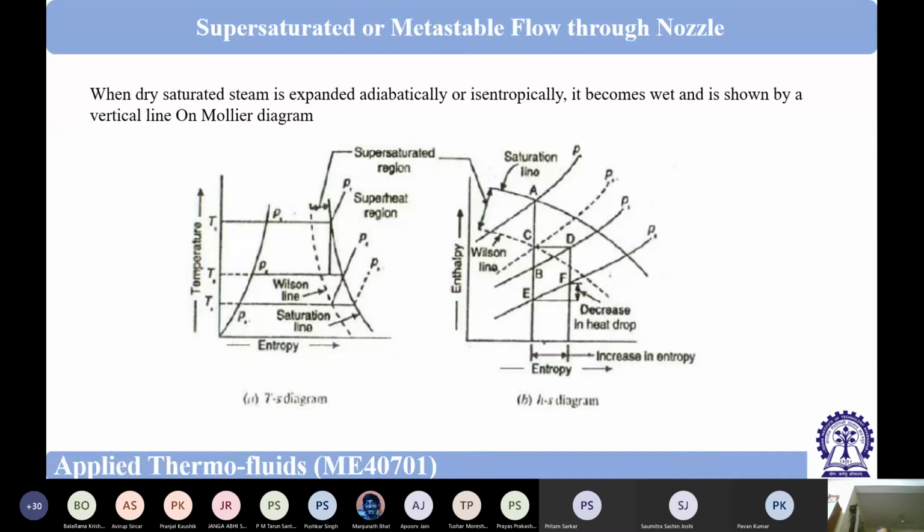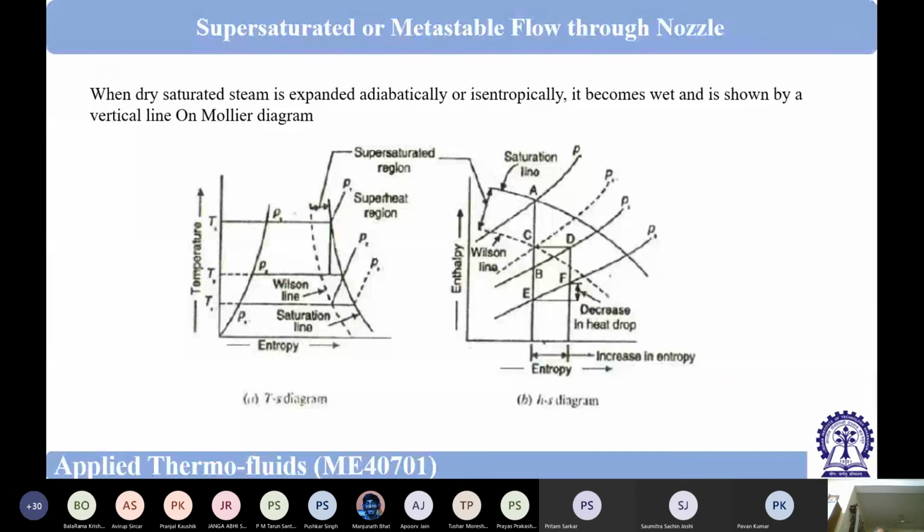In both the TS diagram and the HS diagram, this is shown. In steam turbines, this is quite common, which means in calculations people take care of this. Otherwise, there is nothing much.